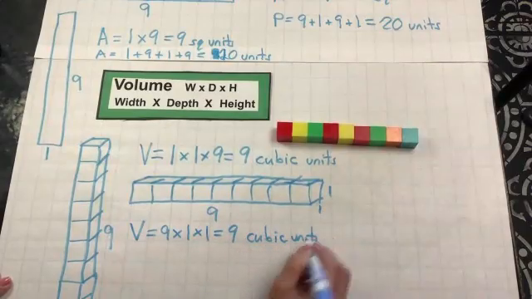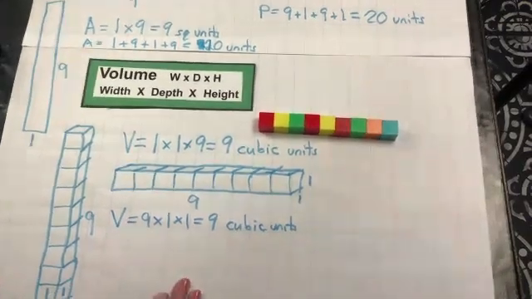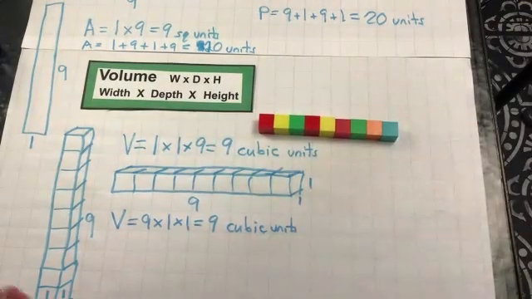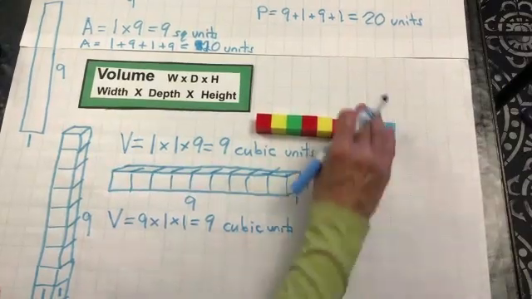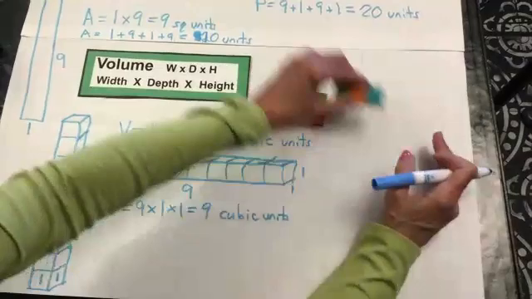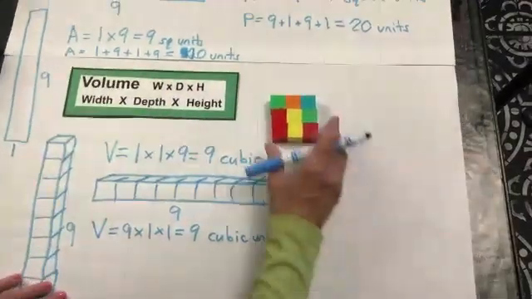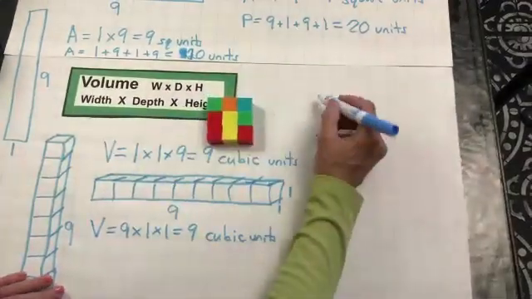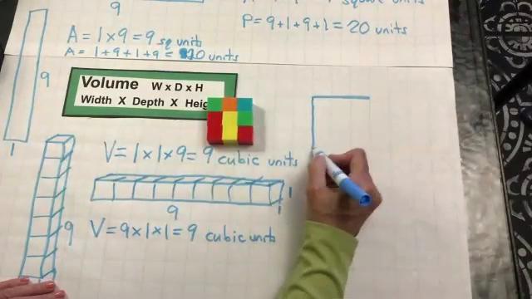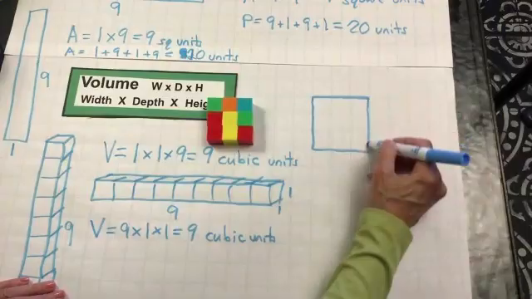All right. So now we go back to our factor pairs, and up at the top, our factors were 1 and 9 or 3 and 3. So now let's change this into a 3 by 3, and there it is. So we're going to come up somewhere else on our paper and draw a 3 by 3, which looks like this.